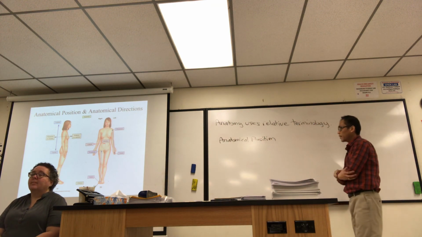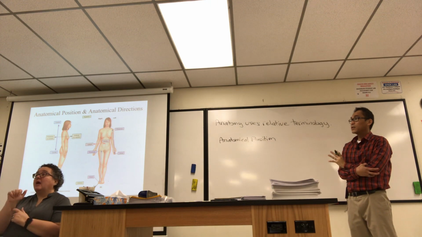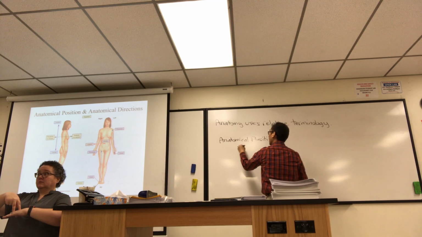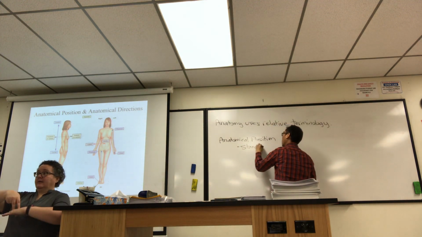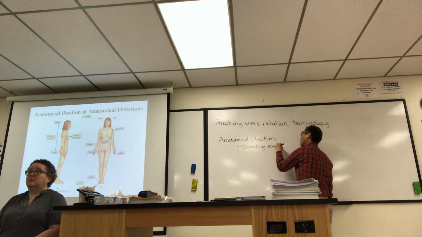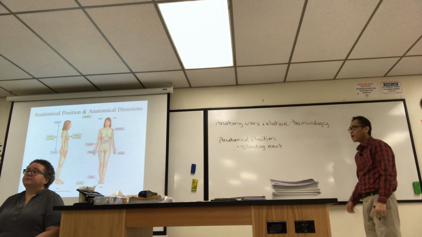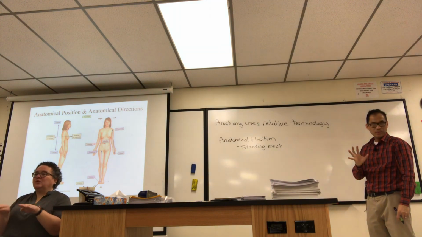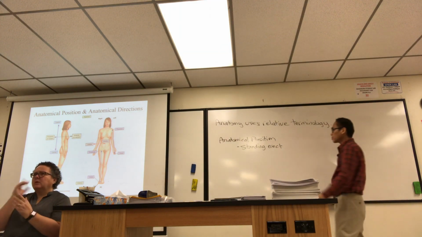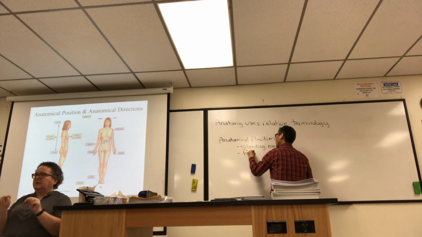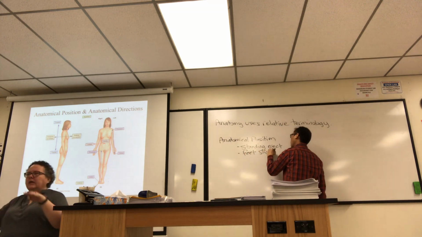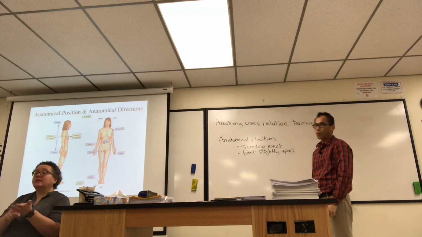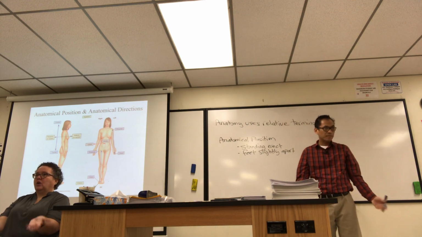So this figure is showing it. The anatomical position is the human is, you're standing erect, right? Feet are slightly apart. Now the figure kind of shows them more or less together, but usually most books will say feet slightly apart. Notice the palms are facing forward, so the thumbs are out, palms facing forward.